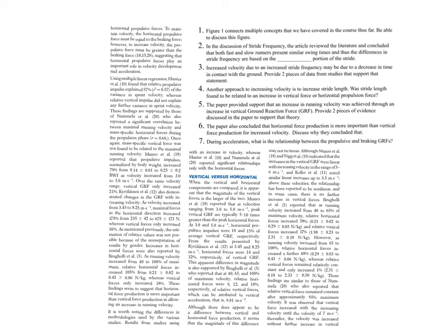Question 6. The paper also concluded that horizontal force production is more important than vertical force production for increased velocity. And now we're going to discuss why they concluded that. First they highlighted the Hunter et al. paper, which used multiple regression, and they said that the horizontal or propulsion force explained 57% of the variance in sprint velocity, whereas relative vertical impulse did not explain any further variance in sprint velocity.